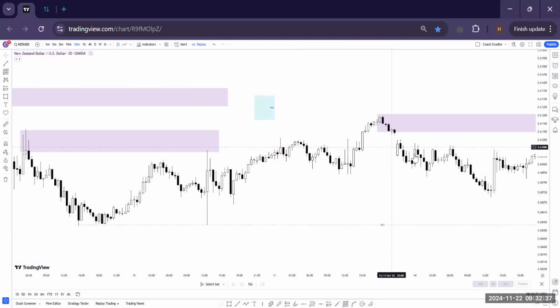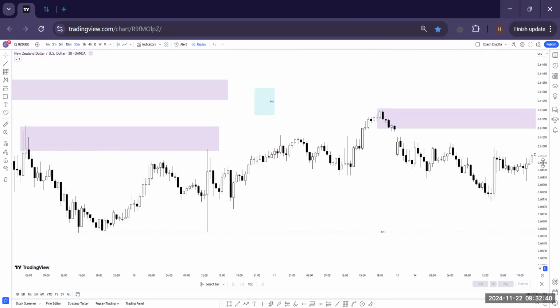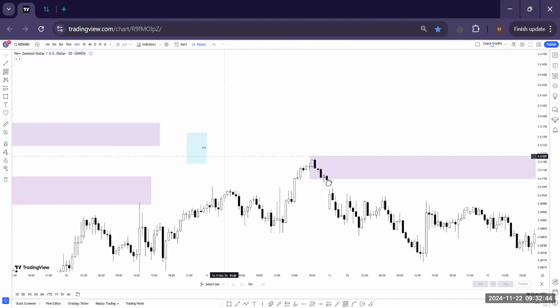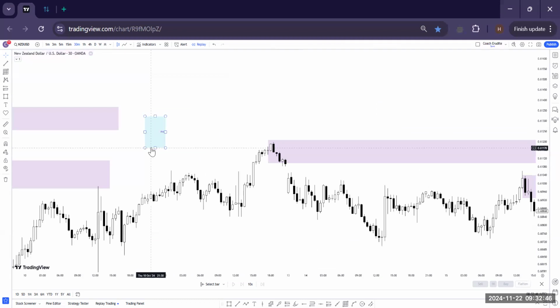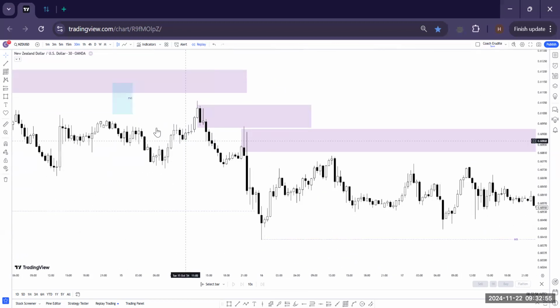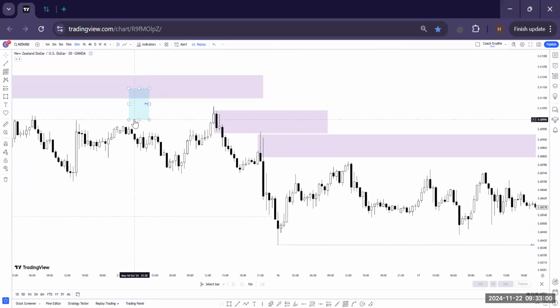Then we have another one here. We had this gap here.